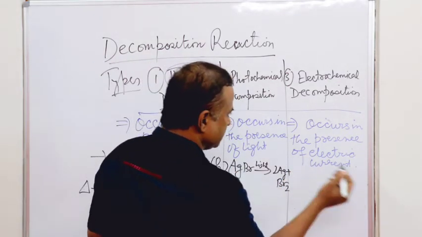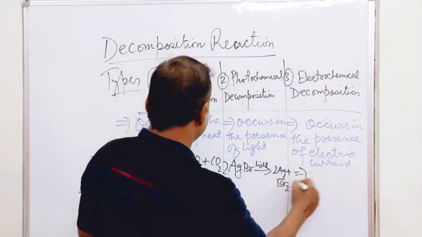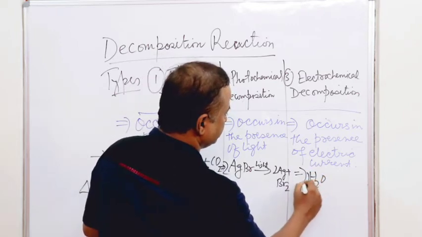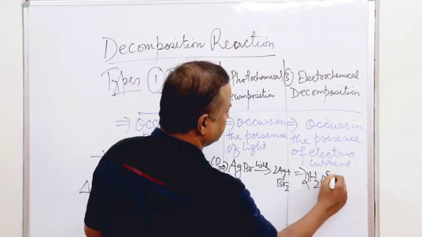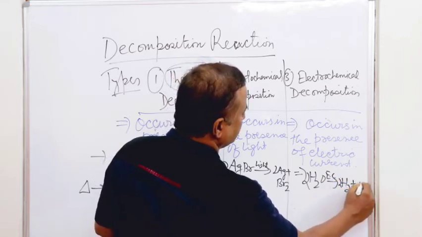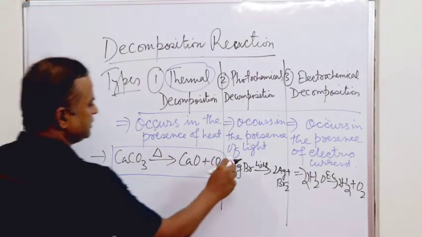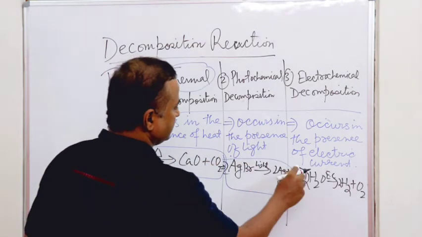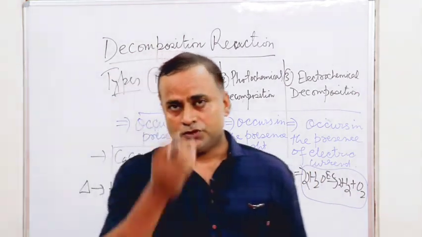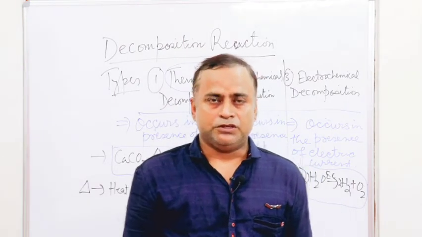And this one, which occurs in presence of electric current, as I have been giving the example again and again, that of water. In presence of electric current, I am writing in short EC, it breaks into hydrogen plus oxygen. So these are the examples. There are many more examples. Please find those examples and try to identify which is thermal decomposition, which is photochemical decomposition, or which is an electrochemical decomposition reaction.